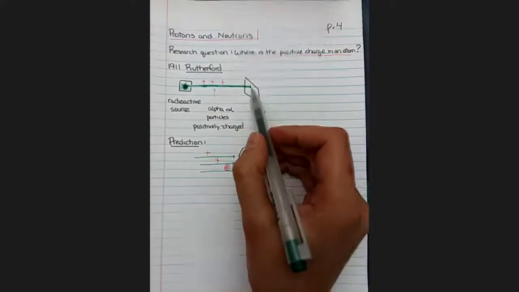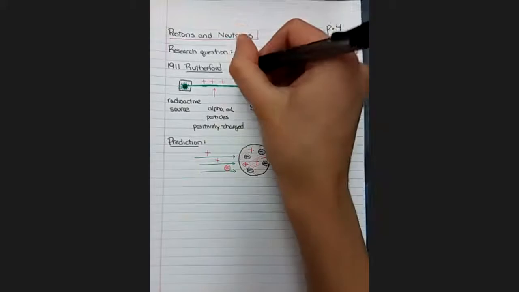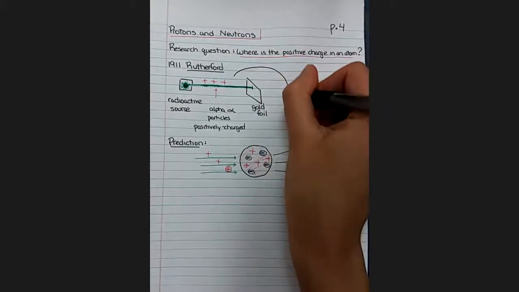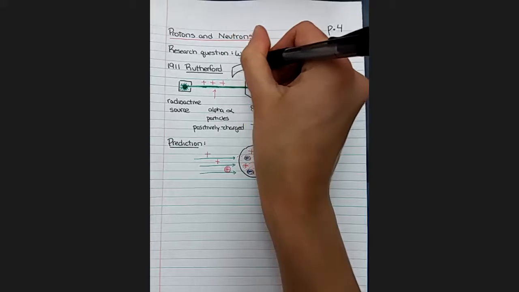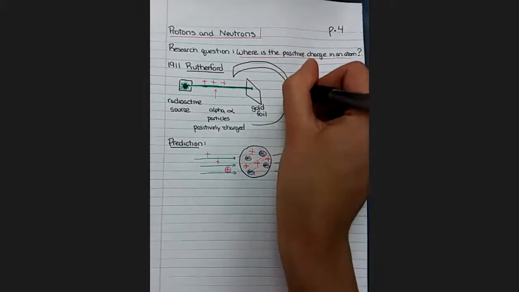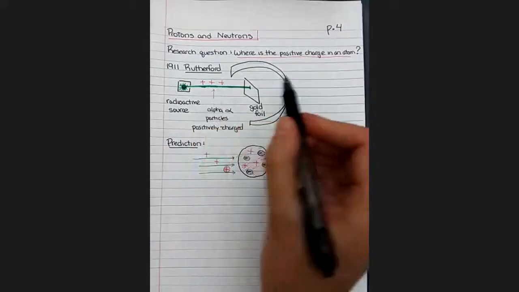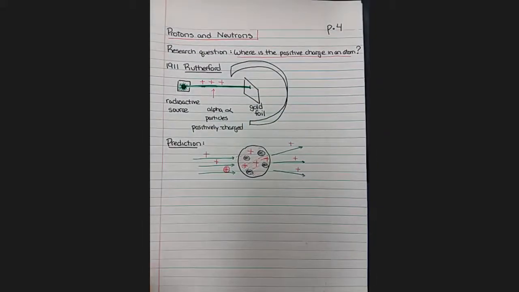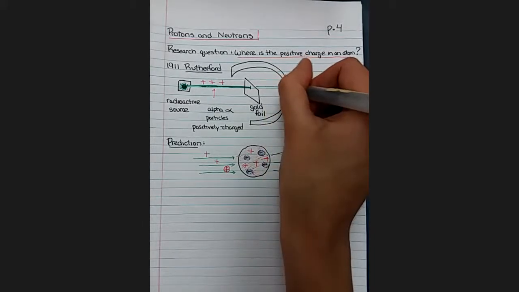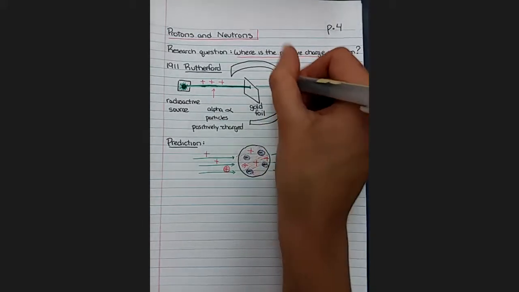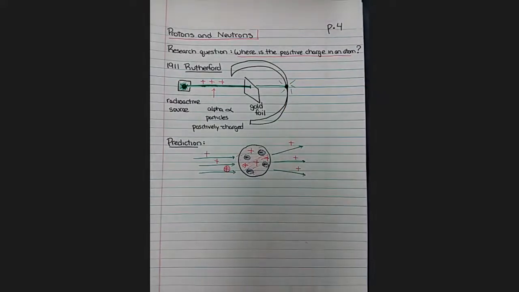The way we can figure out where these alpha particles go is with a luminescent screen. When an alpha particle hits this screen, the screen will light up. So if a particle goes through and hits the screen right here, you'll be able to see a flash of light. That's how we can tell where the particles go and how much they're deflected.